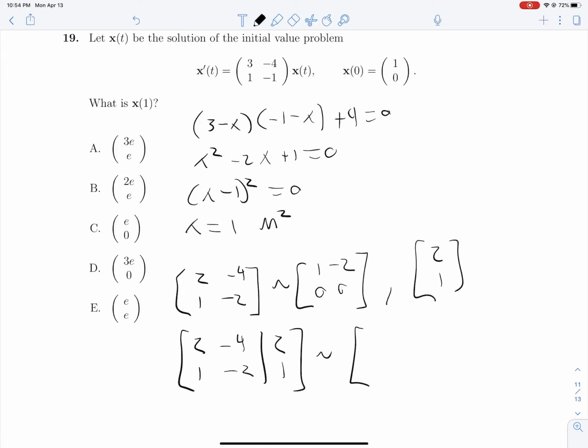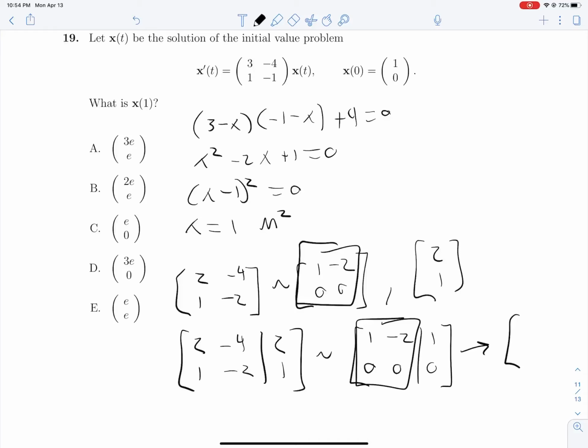We can simplify this down as 1, 1, negative 2, 1, 0, 0, 0. And once we have these four components in the same form as they were when we solved for this first eigenvector, whatever we have on the right side is our generalized eigenvector. So our generalized eigenvector is 1, 0.